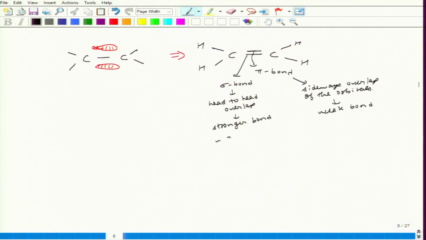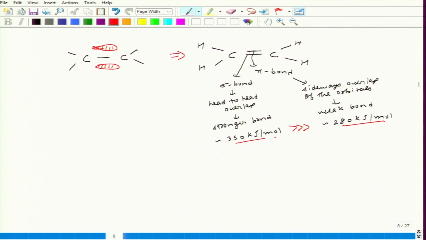Sigma bond energy is around 350 kilojoule per mole, whereas the pi bond strength is around 280 kilojoule per mole. So it's clearly visible that the sigma bond energy is much higher than the pi bond energy, so the sigma bond is stronger than the pi bond.